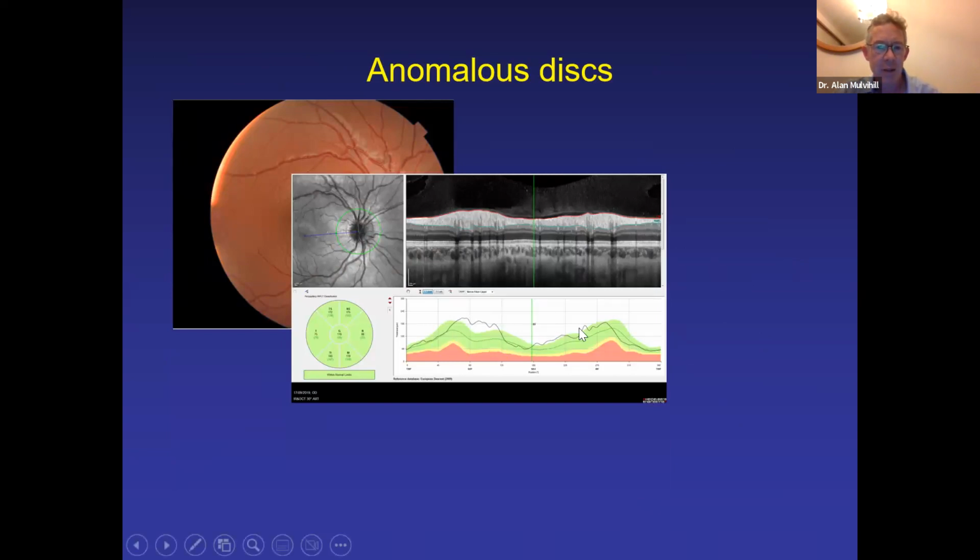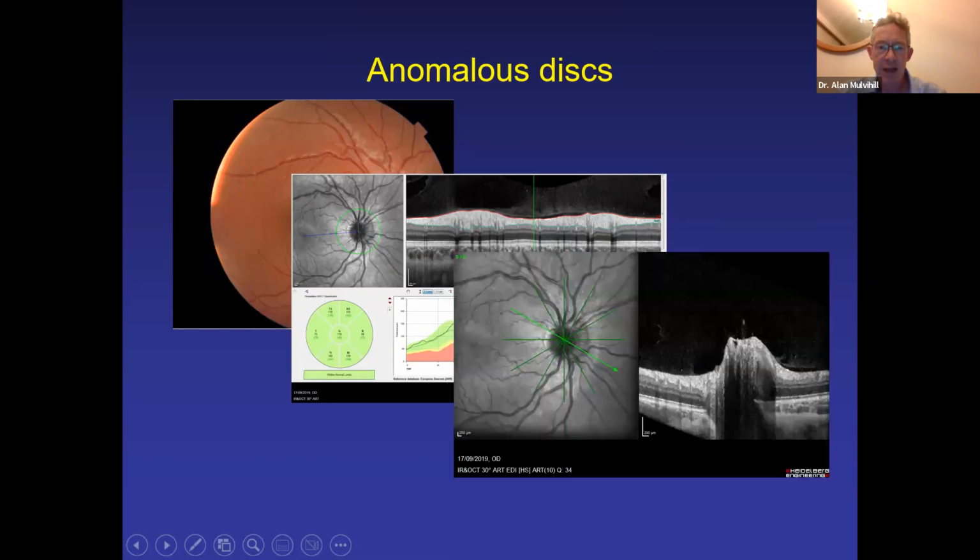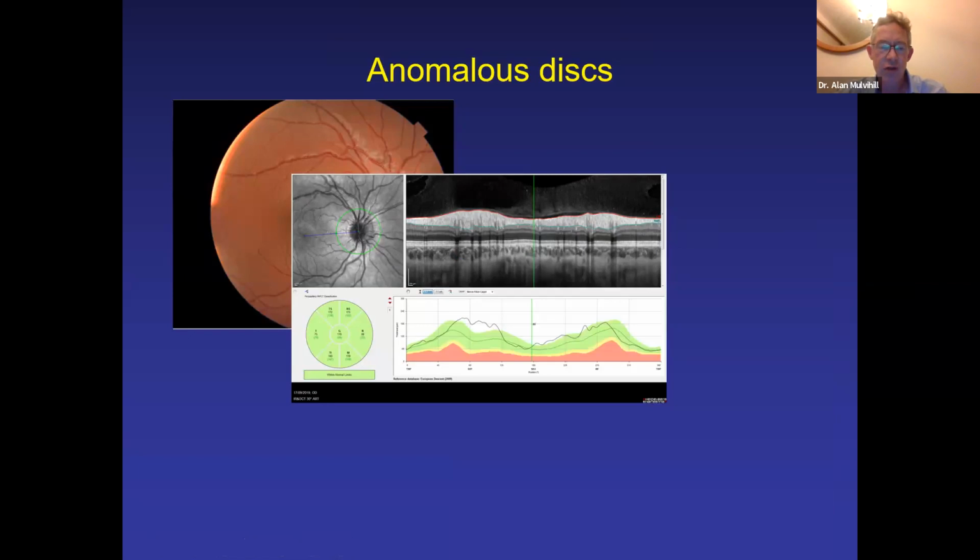The black line is the patient's retinal nerve fiber layer. And in this child, their nerve fiber layer is more or less normal thickness. If a child has some sort of pathology or raised intracranial pressure and the nerve is very swollen, this black line will be very raised outside of the green area.